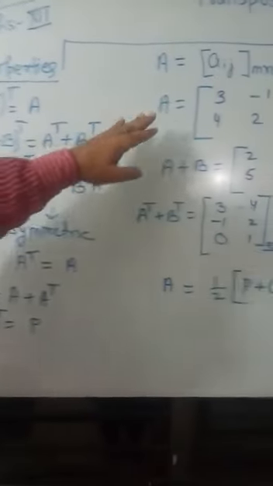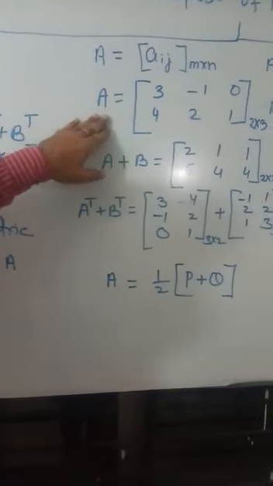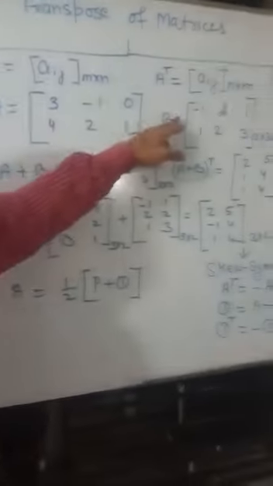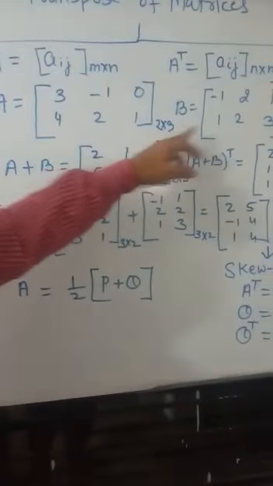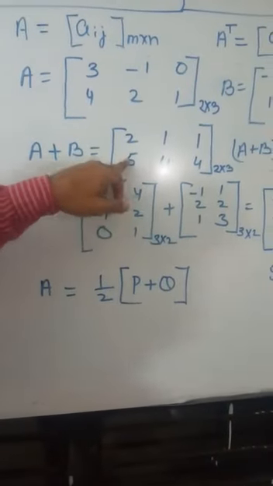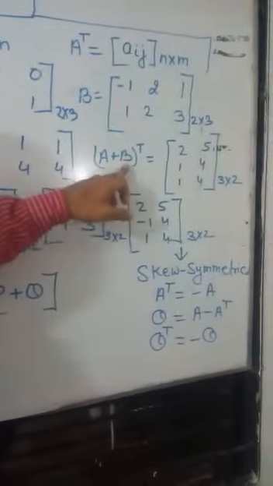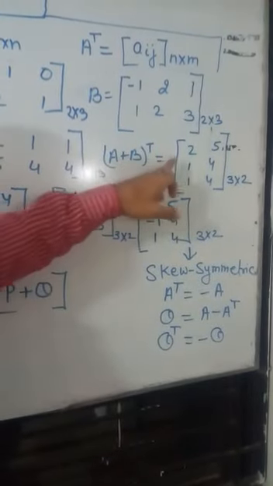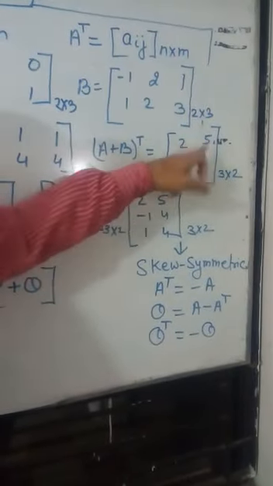Suppose you have two matrices A and B of order 2 into 3 and 2 into 3. The sum of the matrices is this, and the transpose of that matrix becomes 2, 5, 1, 4, 1, 4.